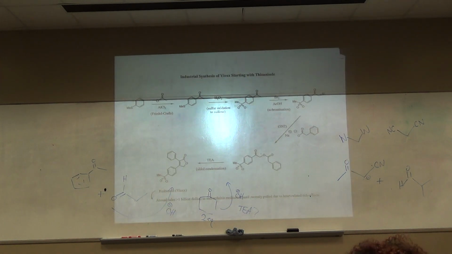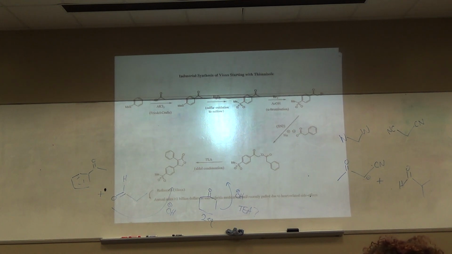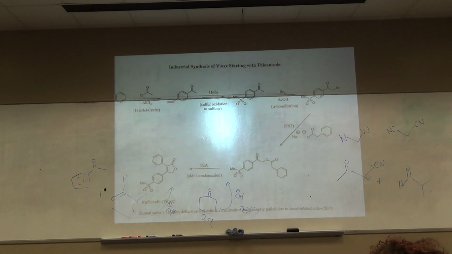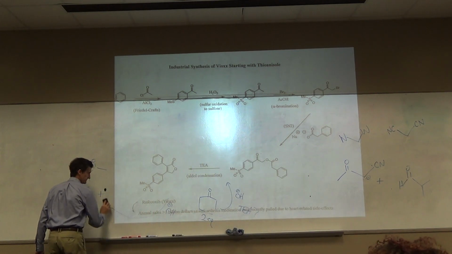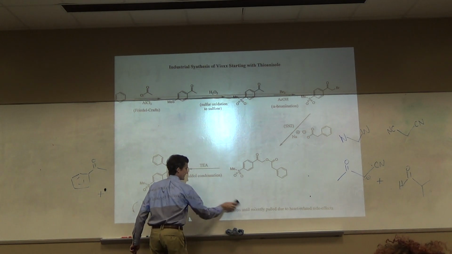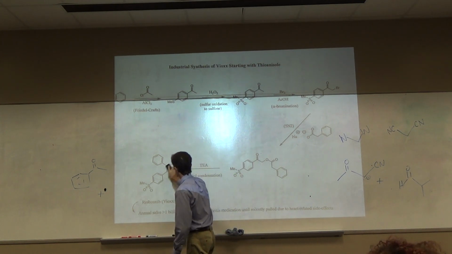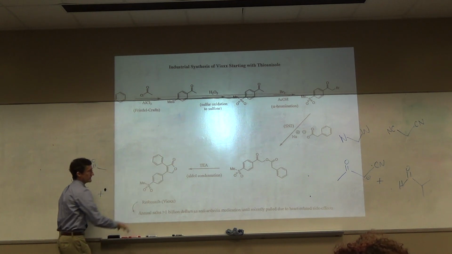There's chemistry here to make a $1 billion drug, and unfortunately that drug no longer is used, and a lot of sad people who were making a lot of money. But they're making lots of money on other drugs now. There you go.